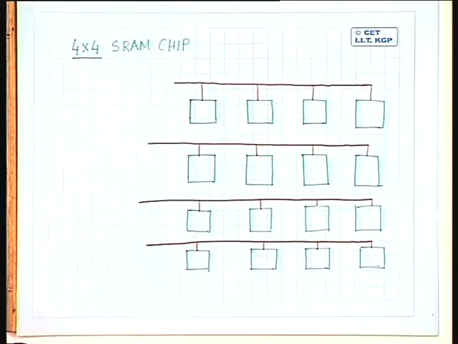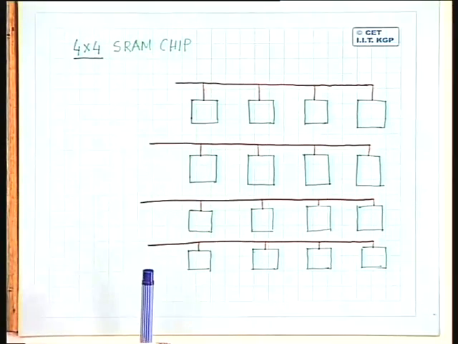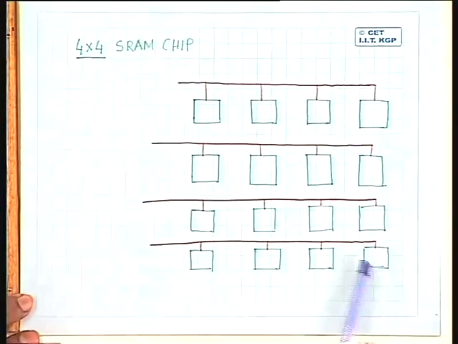Similarly, when we want to read or write any particular memory location, the corresponding read write bar signal has to reach all the cells in the selected row simultaneously. Even if the read write bar signal reaches all the cells, whether the row is selected or not does not matter, because only the selected row will be affected, other rows will not be affected.